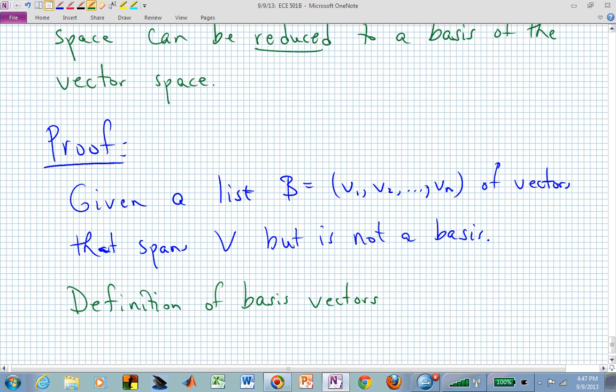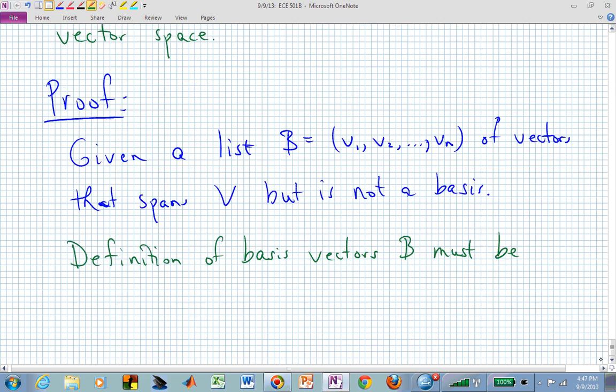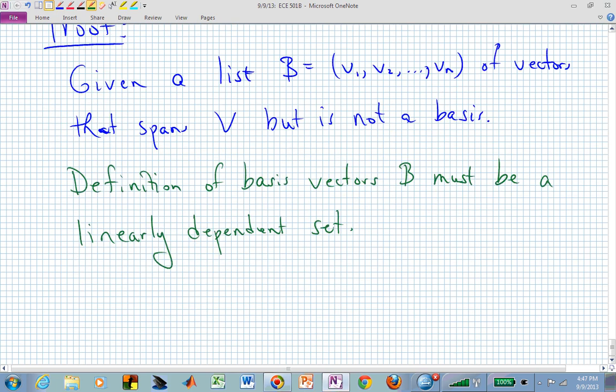They're not linearly independent. So by the definition of our basis vectors, B must be linearly dependent.